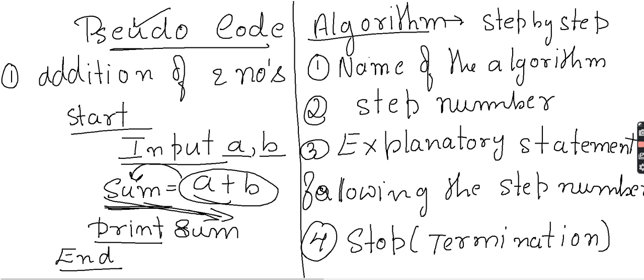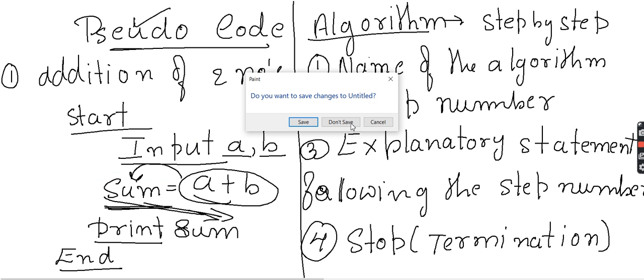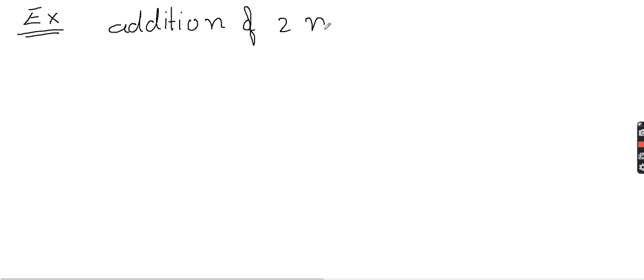Now we will quickly start with the algorithm. I will take the same example, that is, addition of two numbers. First, what is the first thing? Name of the algorithm.